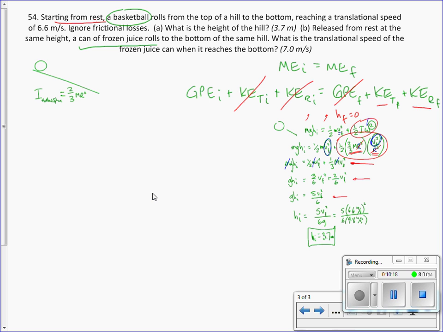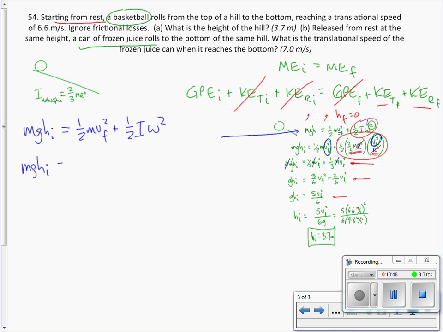And so we start in the same way. I'm just going to jump right to here. GPE initial equals, well, I'm going to skip that step because it's the same thing. Everything's the same up to this point. So we can say that mgh initial equals 1/2 m v final squared plus 1/2 I omega squared.